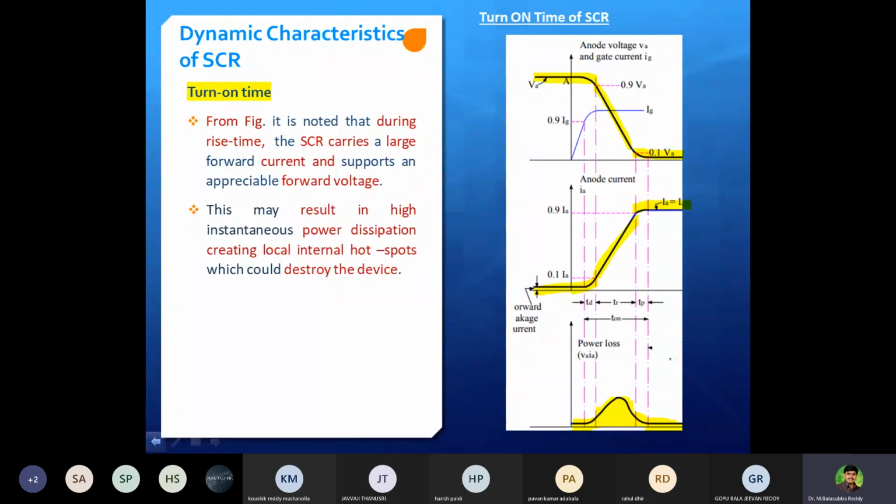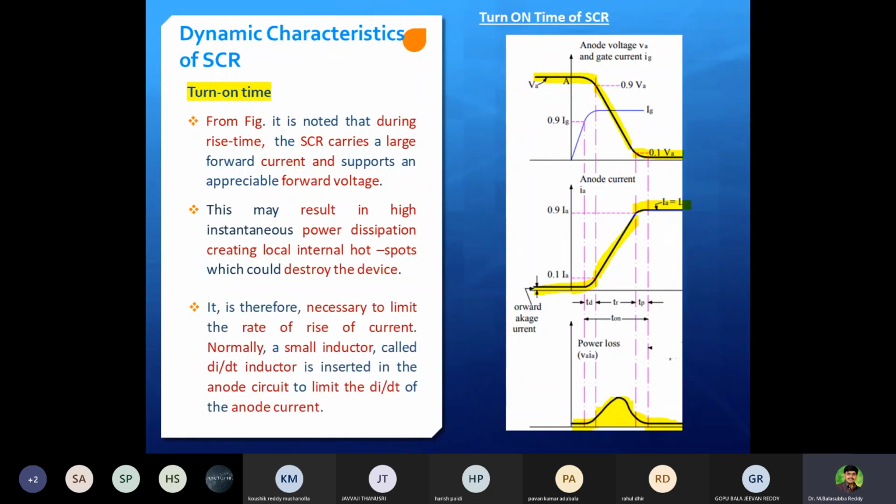This may result in high instantaneous power dissipation, creating local internal hotspots that destroy the device, because if heat is generated within it, there is a hotspot, and that heat has to be dissipated soon based on the surface area. If it is less, at that instant at any point the heat will build up, and then the device is going to be destroyed. That is why we need to take steps to limit the rate of rise of current.